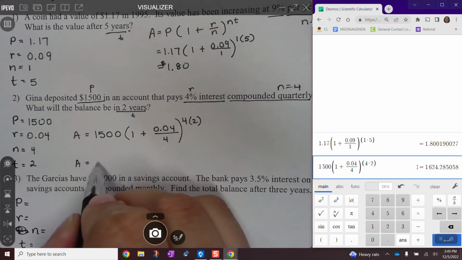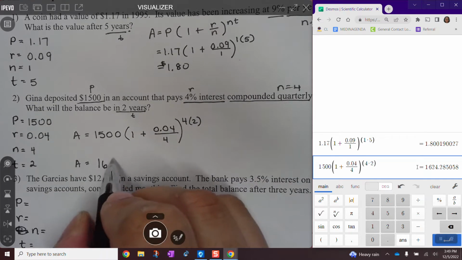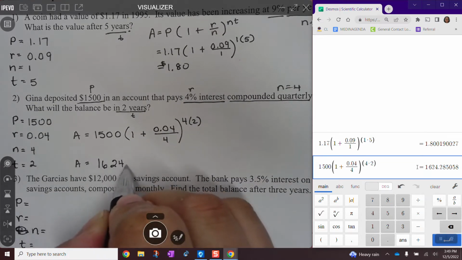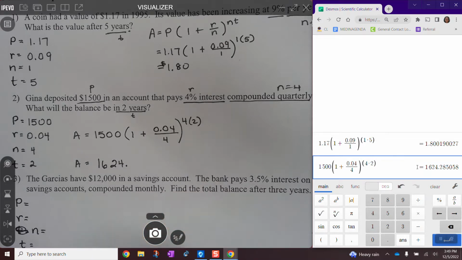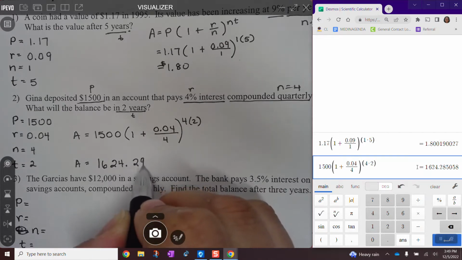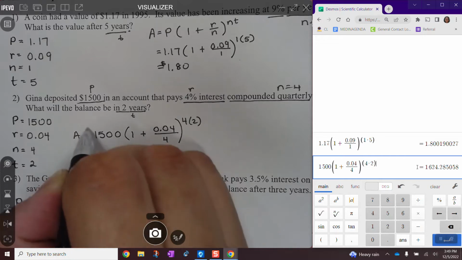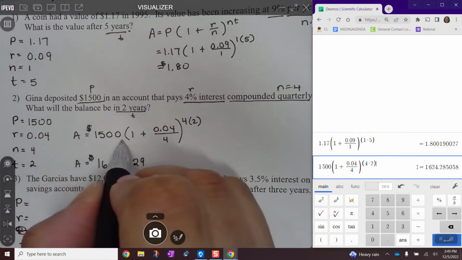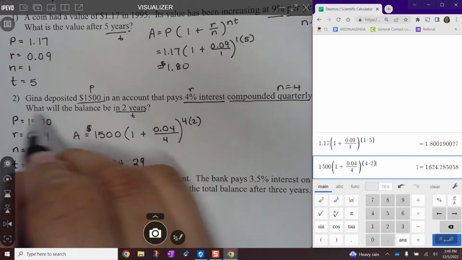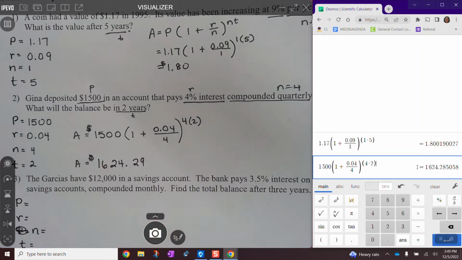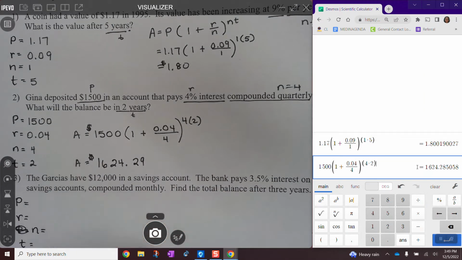All right, and so we get 1,624.29. Okay, so you deposited 1,500, and your balance in 2 years is about 1,625. So you've made $124.